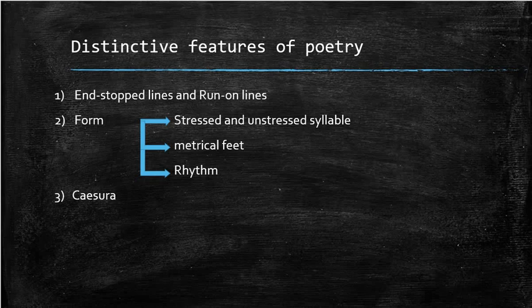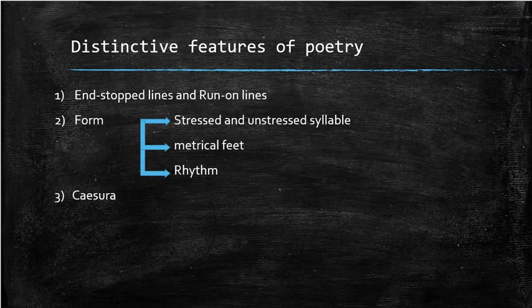Discussing the distinctive features of poetry, we have end-stopped lines and run-on lines, where the first refers to lines of verse in which the meaning or the grammatical structure ends by the end of the line, and we have a punctuation mark indicating that, such as a full stop or an exclamation mark, and so on.